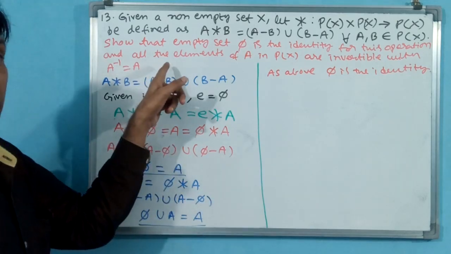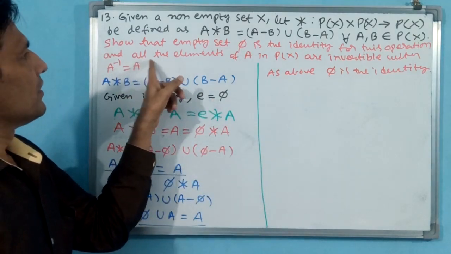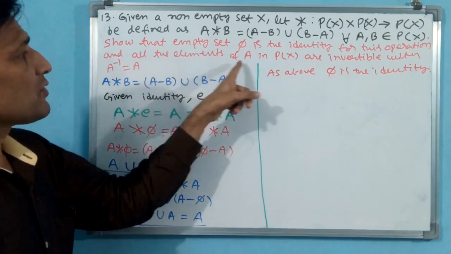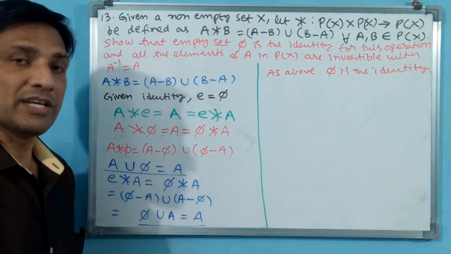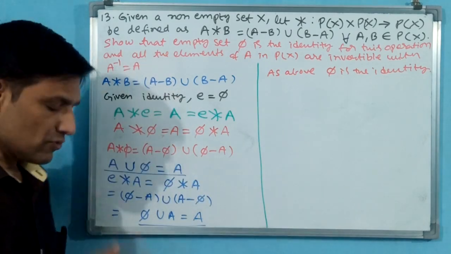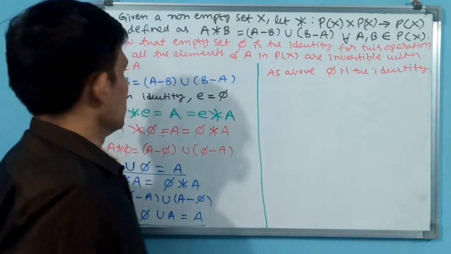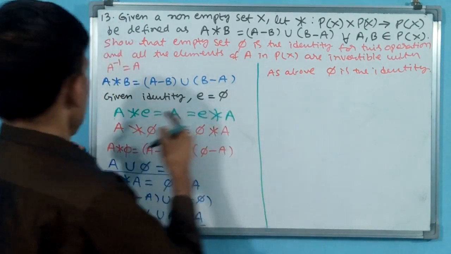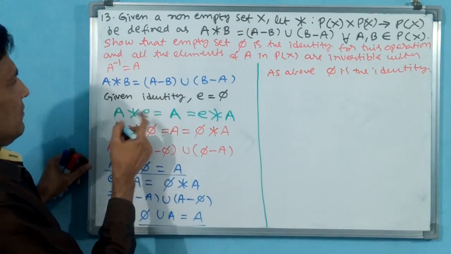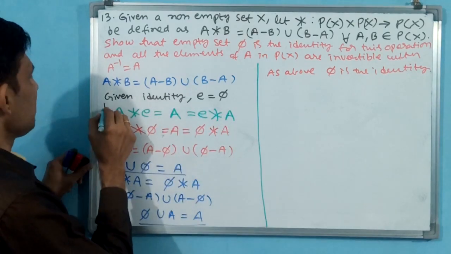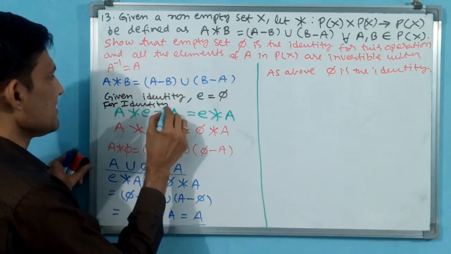Now we go for inverse. Elements of A in P(X) are invertible with A inverse equal to A. Here A inverse should be A, like we have to show. How we are showing, you observe carefully. Okay. Now here the given identity is equal to E. For identity you write here like this, for identity element.